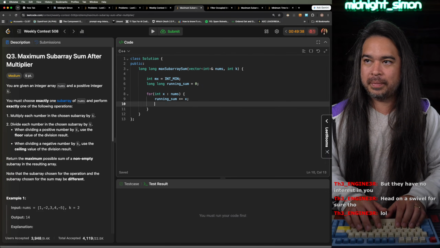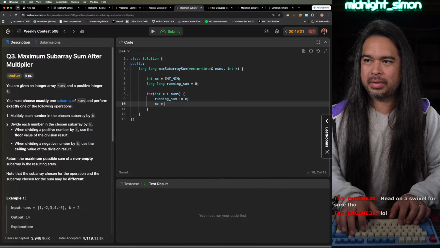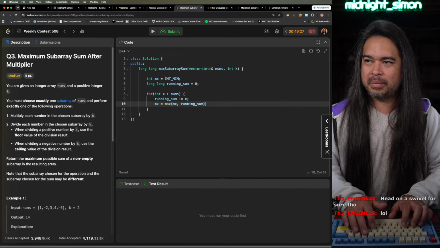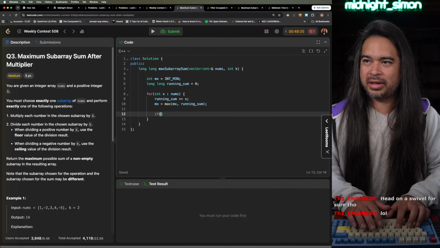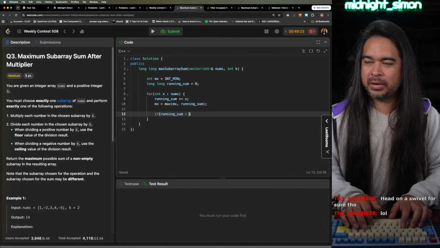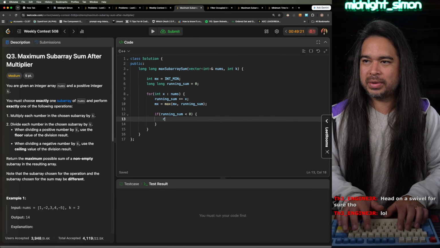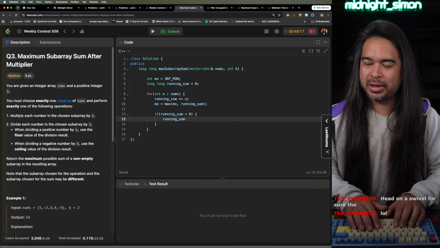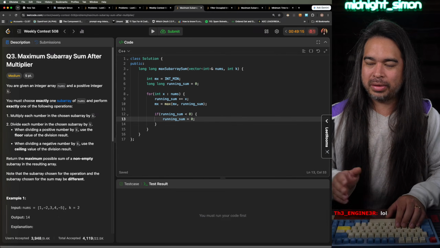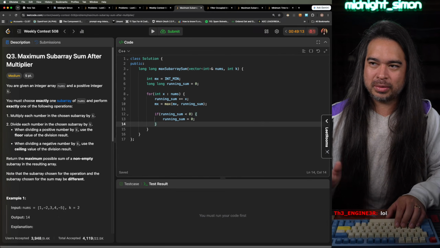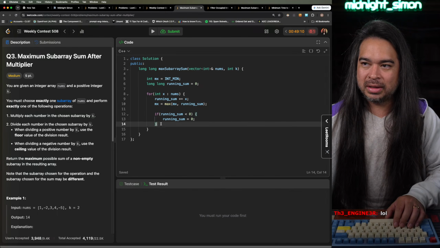Well, I take the maximum after doing that, and then if the sum goes below 0, then I should just reset, because it's better if we just didn't take that subarray part than to take it with extra baggage. You know, it's best we just left that behind.